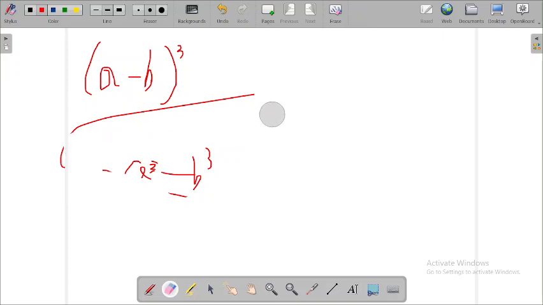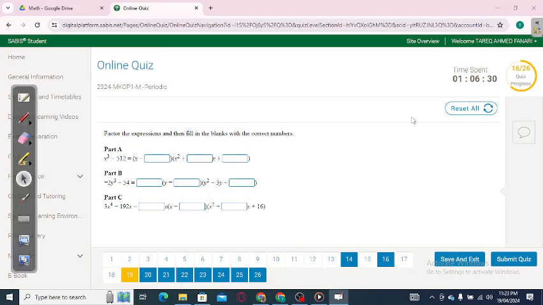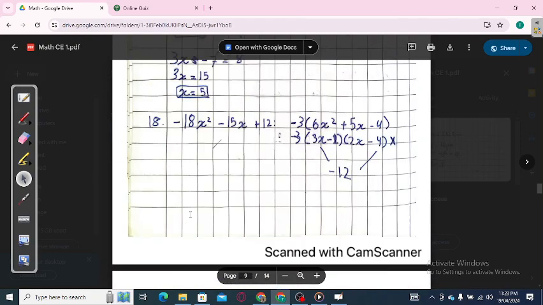I don't really know how to explain this part, but listen, the order matters. Here you do a minus b first, then you cube that. Here you do a cubed first, then b cubed, then you subtract them from each other. That's the difference.